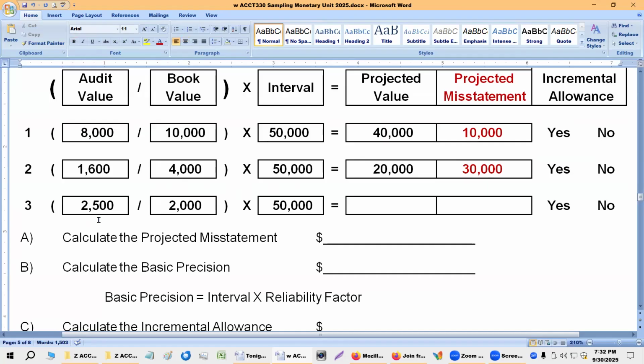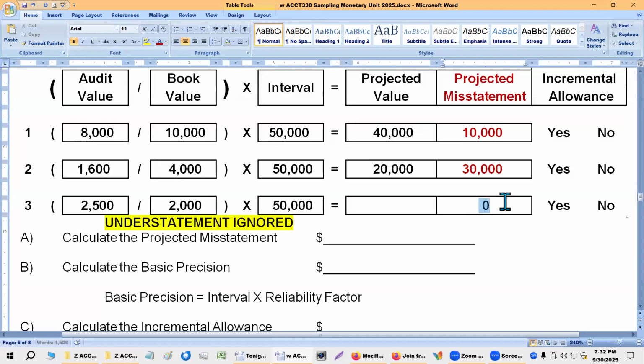This is an understatement, and it is ignored. There is no misstatement. Okay, so projected misstatement would be all three of those together. All two of those together, I guess, would be a better way to put it.